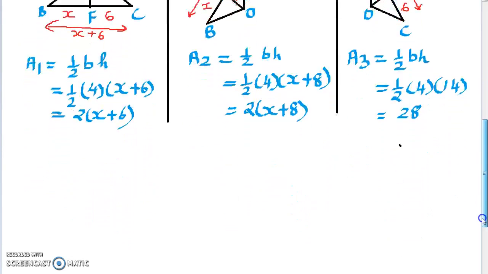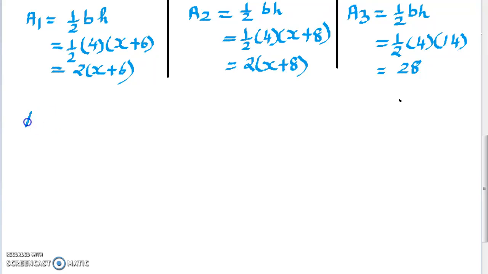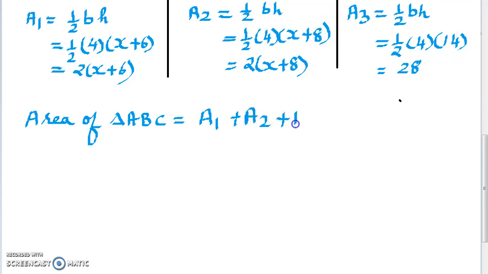So now we combine the areas of all the three. That will give me the area of triangle ABC. So the area of triangle ABC is going to be A1 plus A2 plus A3.